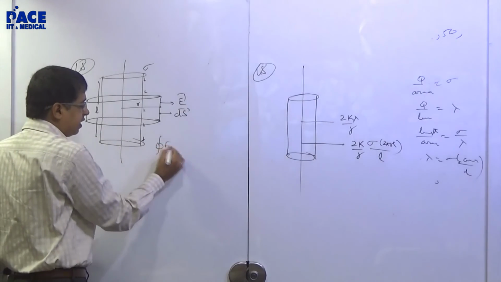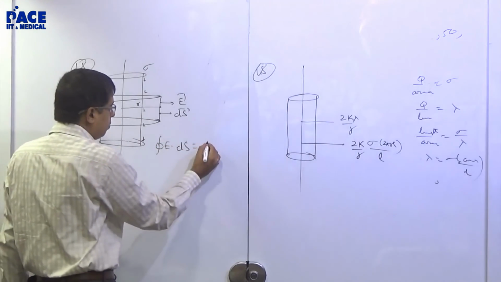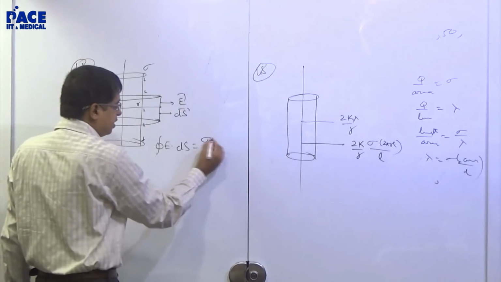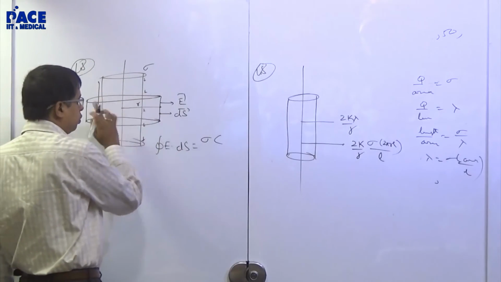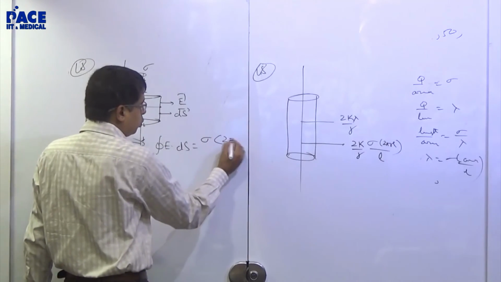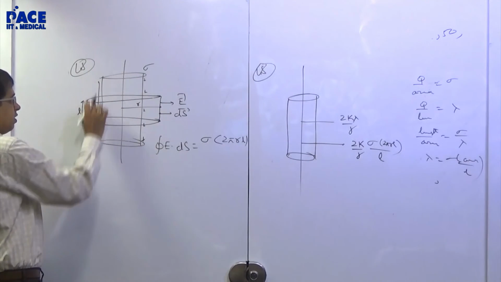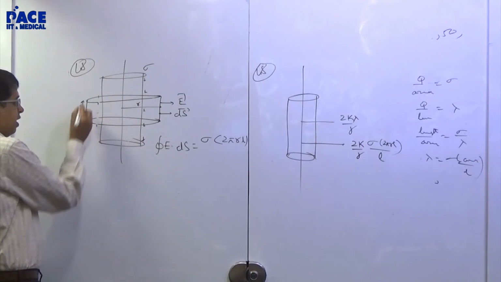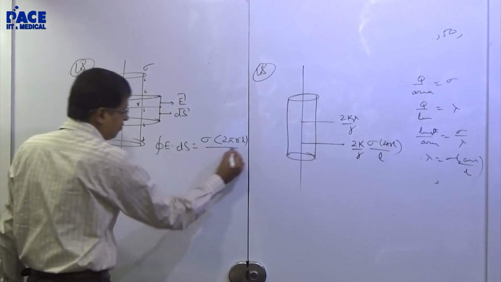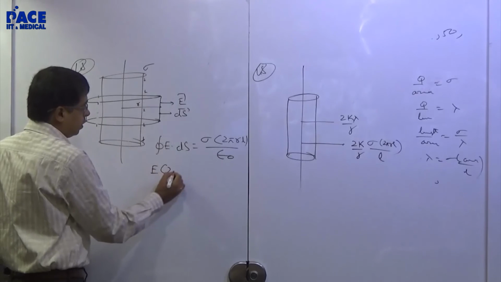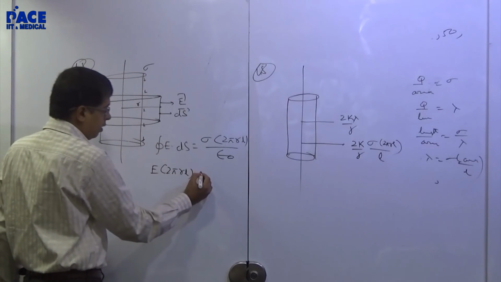Now closed integral E dot ds will be equal to the charge density σ into this curved surface area 2πRL, where L I will take as the length of the Gaussian surface, since this is an infinite long cylinder, by epsilon naught.